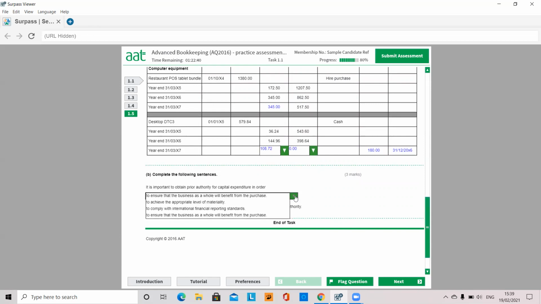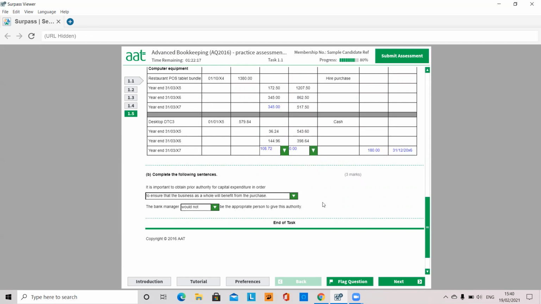So why is it important? It says: to achieve the appropriate level of materiality, to comply with international financial accounting records, or to ensure the business will benefit as a whole from the purchase. And obviously the important thing about obtaining some capital expenditure is that it's beneficial to the business as a whole.